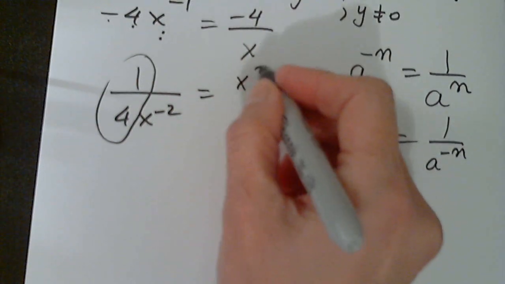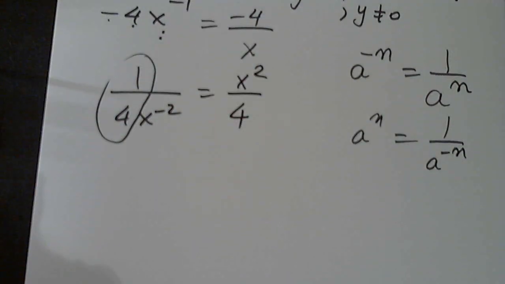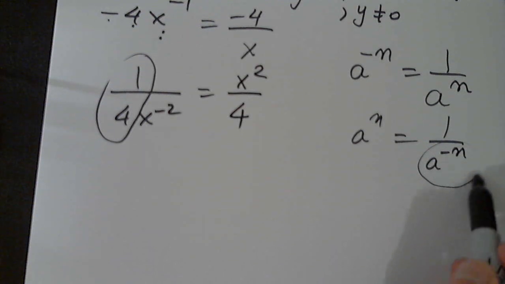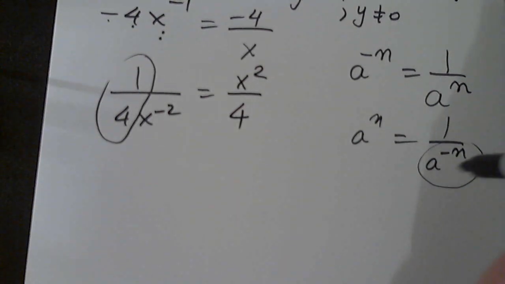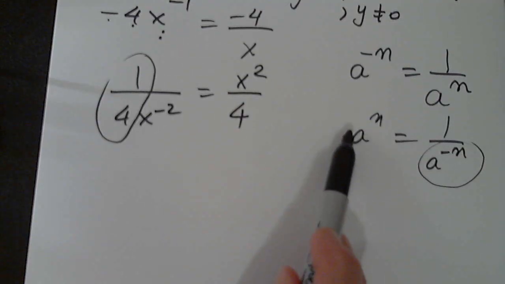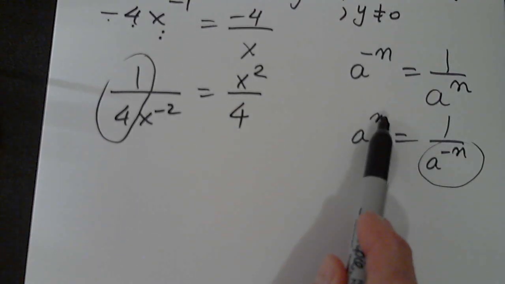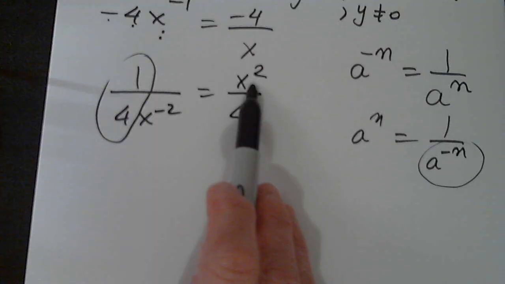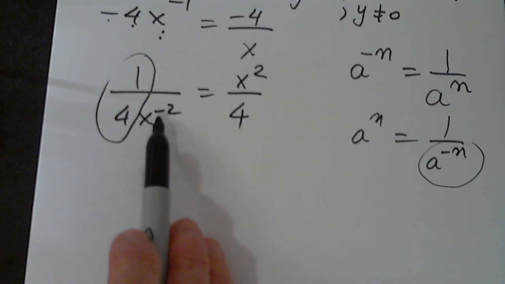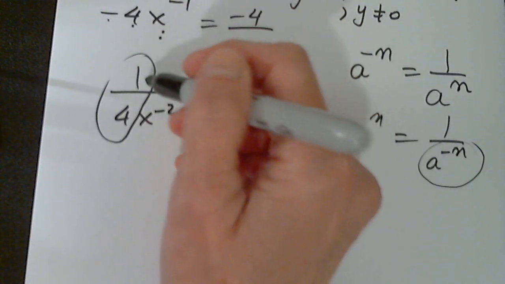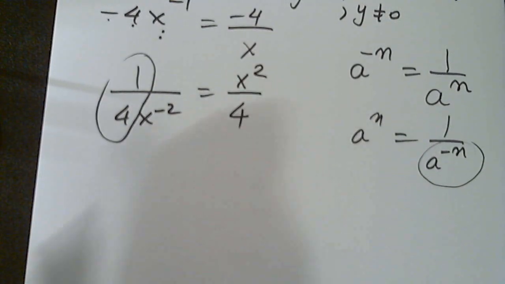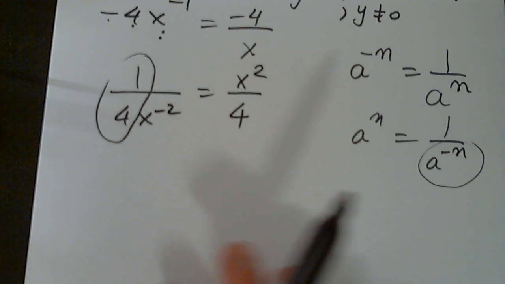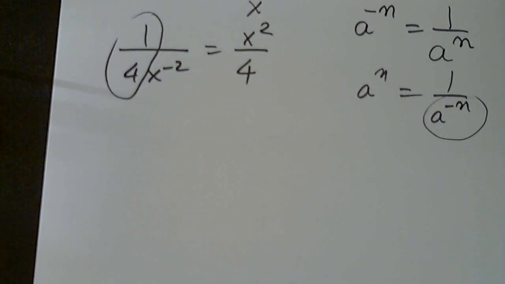So the answer is x squared over 4. Because if an exponential notation has a negative power and it's in the denominator, it can be moved to the numerator with a positive exponent. Only if it has negative power and it's in the denominator. But 1 has power 1. 4 has power 1. The 1/4 cannot be changed or moved anywhere.